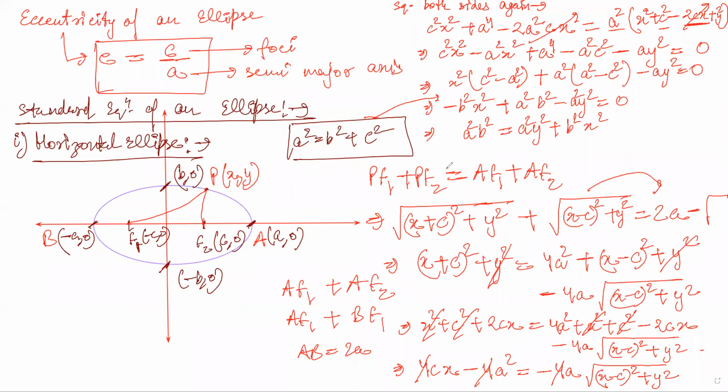Now divide the whole equation by a square b square. So you get 1 this side. यहाँ पे a square b square से divide करेंगे, a square cancel हो जाएगा. This becomes y square by b square, and this becomes x square by a square.